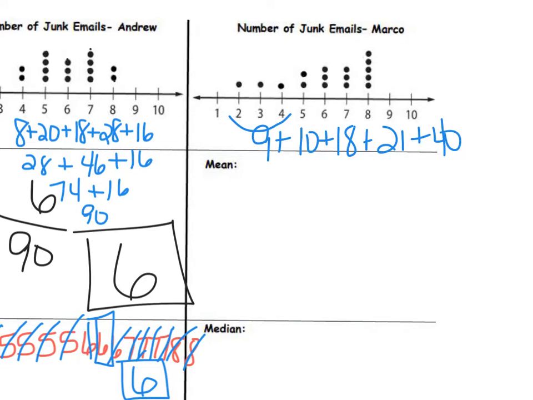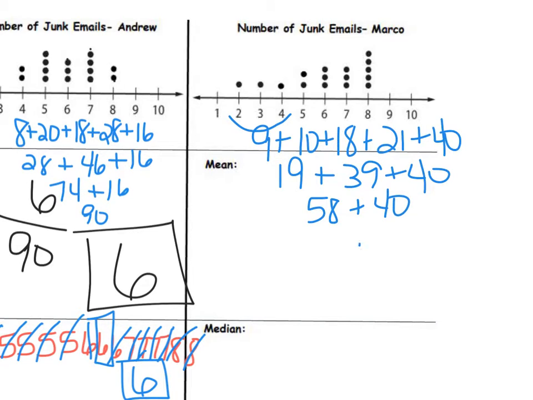Now we're adding everything again. So that's 19, 18 plus 21 is 39 plus 40. 19 plus 39, that's 58. 58 plus 40 gives us 98.